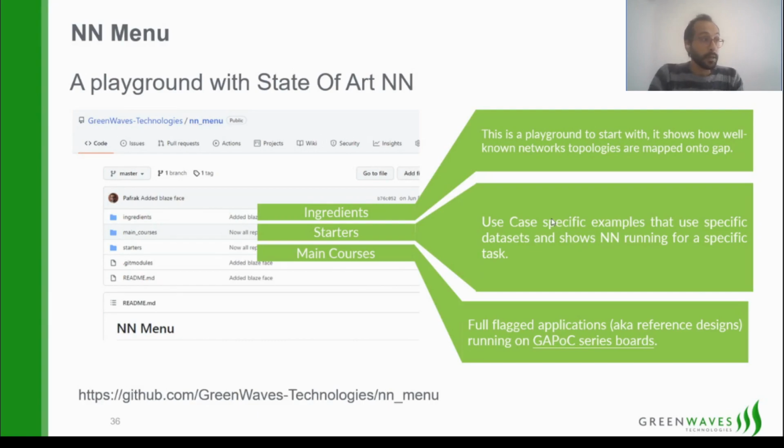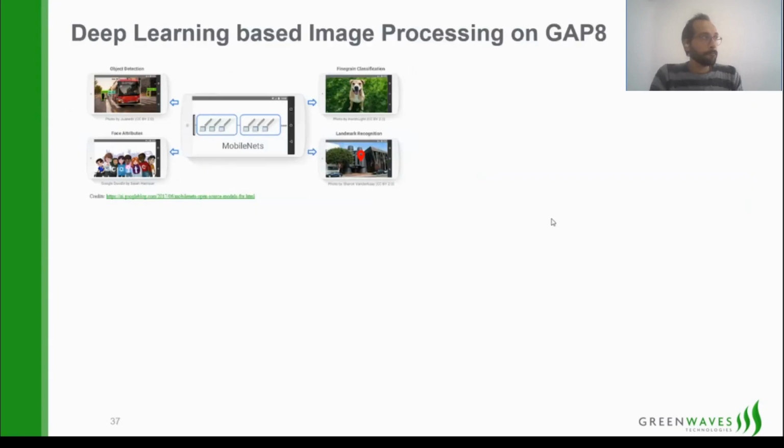Here we have 2 of them. One is related to occupancy management, a board which is counting people with an infrared sensor. And the second one is a face re-identification. So I gave you just a couple of examples of what we have.